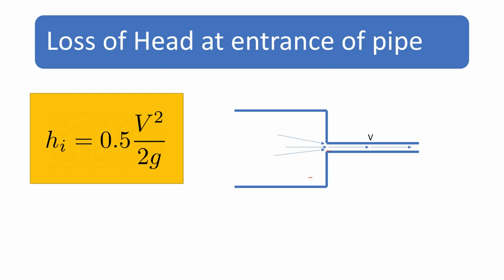This is also another example of sudden contraction. So we have already seen the head loss at this is equal to 0.5 V square by 2g. This is a special case of sudden contraction. So the loss is equal to 0.5 V square by 2g.